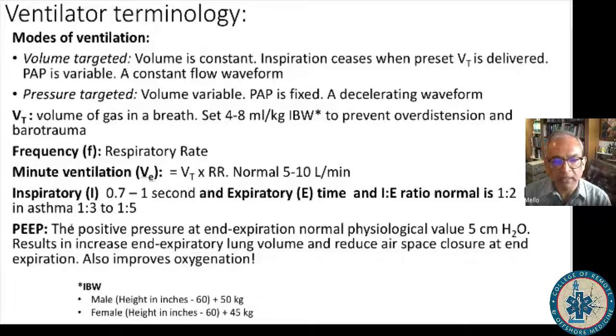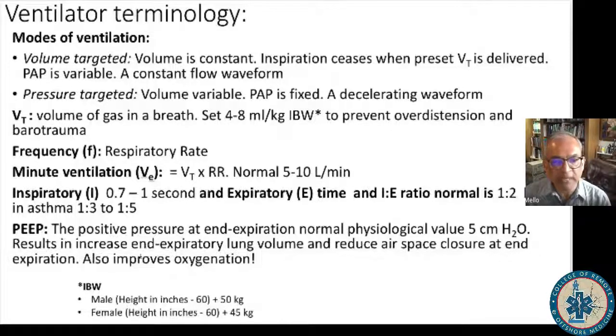The PEEP is the positive pressure at end expiration, and the normal physiological value is 5 centimeters of water. So if you're setting a patient on a ventilator, 5 centimeters of PEEP is your basic minimum. What it does is increase the end expiratory lung volume and reduce air space closure at the end of expiration, which we call alveolar recruitment.